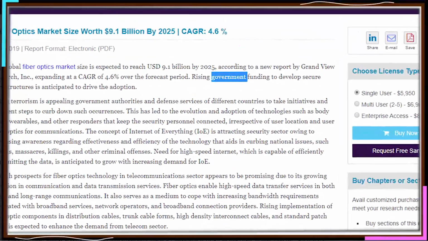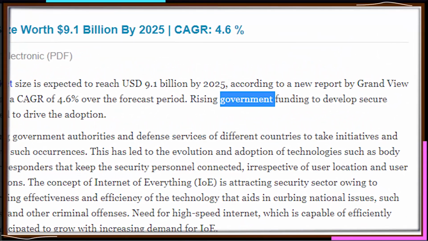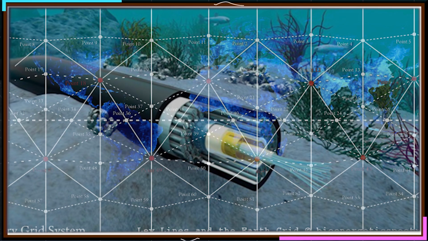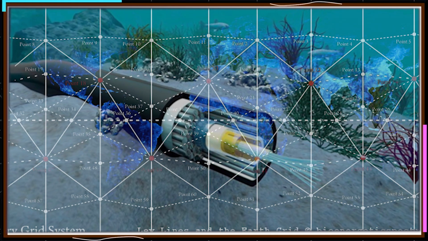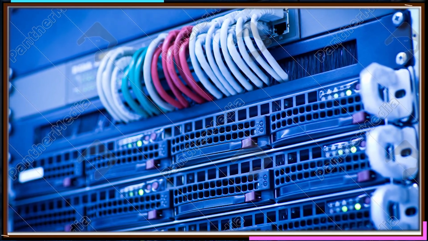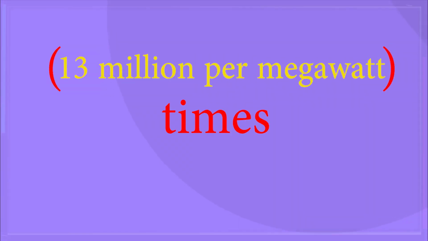Already, our modern infrastructure across the entire planet is worth billions, and within 2025, it will hit an astonishing 9.1 billion. And this is just the cost of the optical fiber connection cable network, adding up the data-centric part, which is key and necessary to handle data. It will go really high.